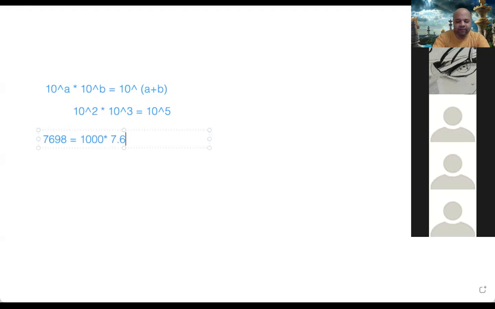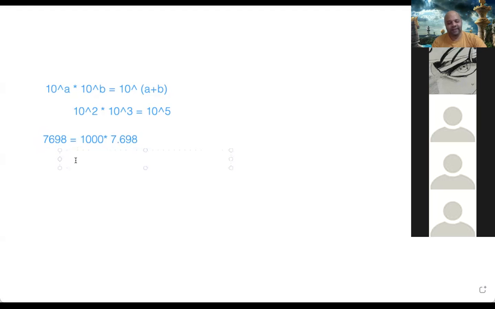So we will always have only one digit to the left of the decimal point, and everything else to the right, and we will multiply it by whatever is required. So 7698 becomes 1000 into 7.698. You know how multiplication by 10 always adds a 0 or shifts the decimal point, right?